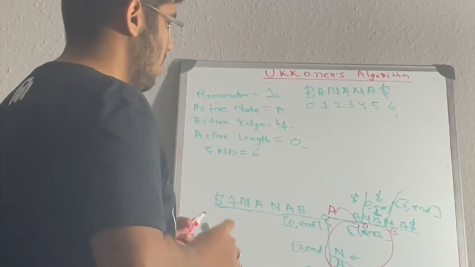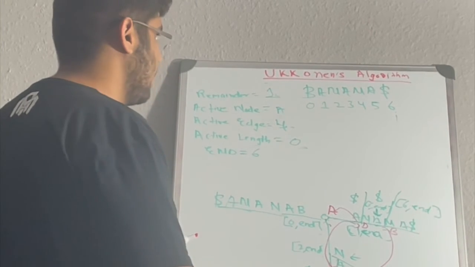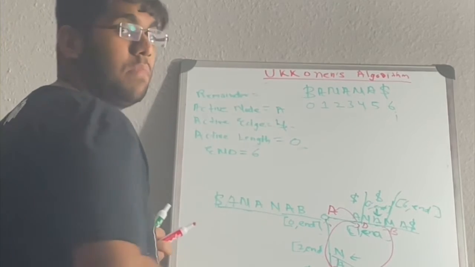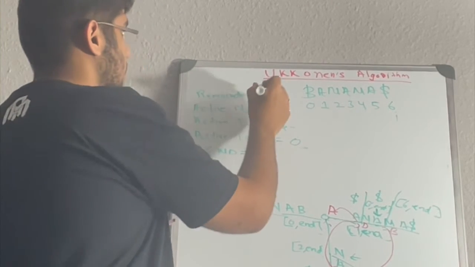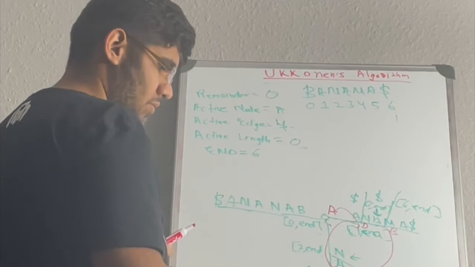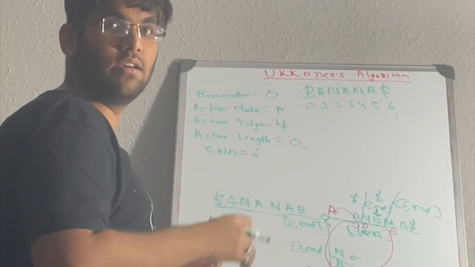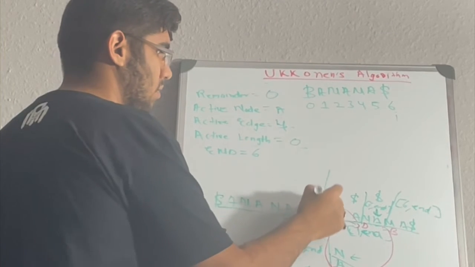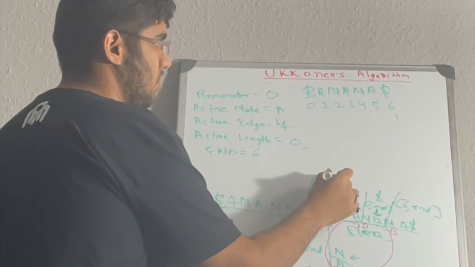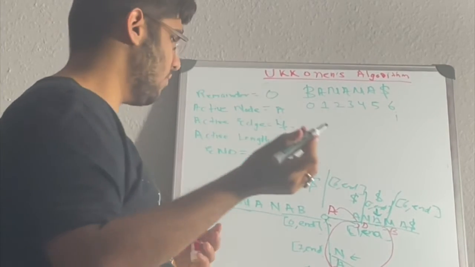So now as we created this, we'll decrease the value of remainder by 1, and as our remainder is 0, we'll create our final output, the last one, and we'll come out of this finally.